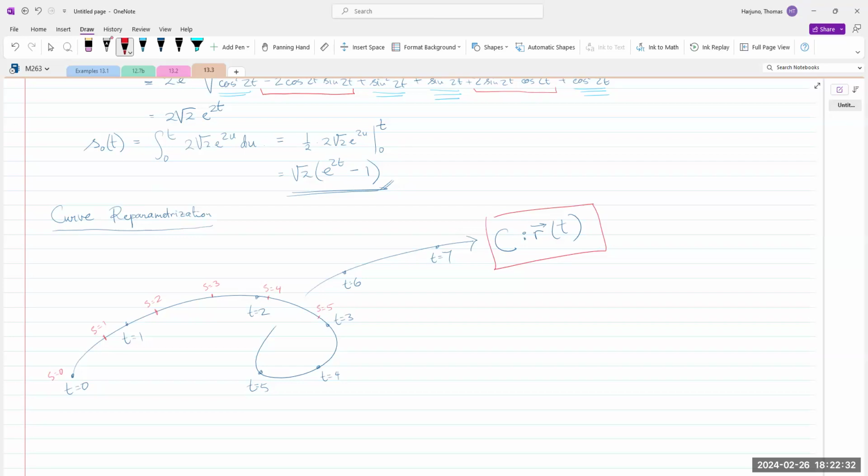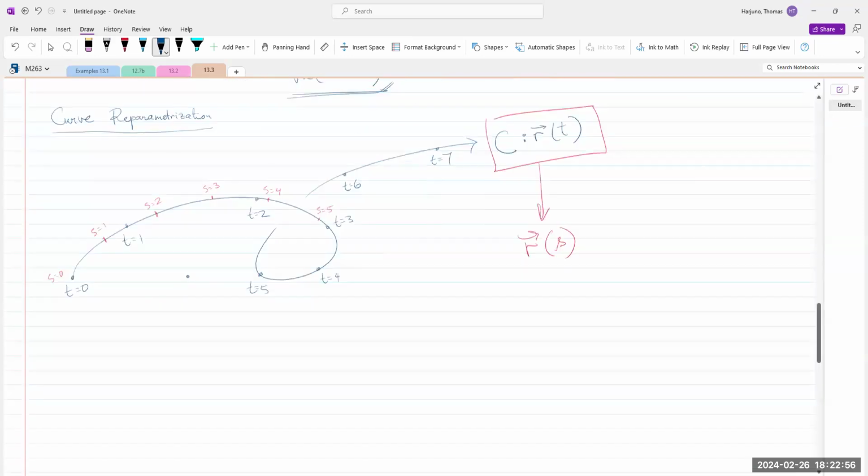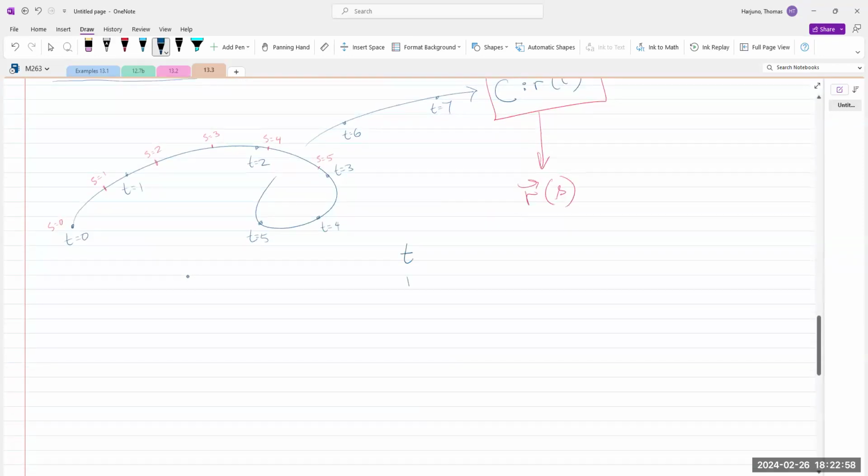We want to change this into r(s). Instead of you telling me the time, you tell me how far you are from the original point, and I can tell you your position. So earlier we have pretty much this scheme here. Once you tell me the time, I tell you the position, which is r(t).